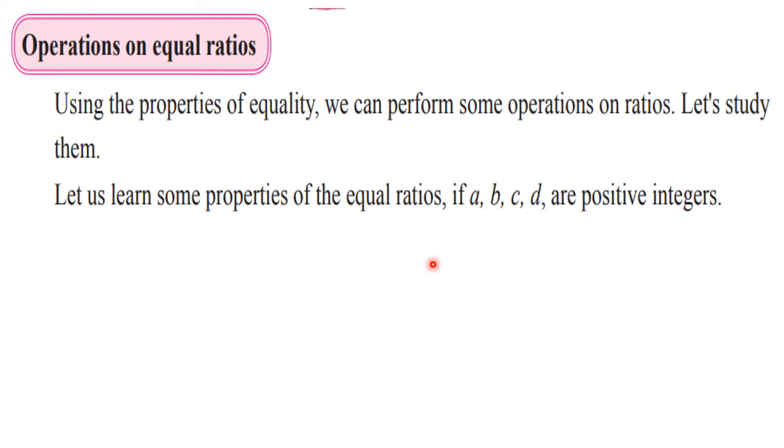And then the properties of equality, all of you know that we can add the same number on both the sides of the equation. We can subtract the same number from both the sides. We can multiply both the sides of the equation by the same number. We can divide both the sides of the equation by the same number.